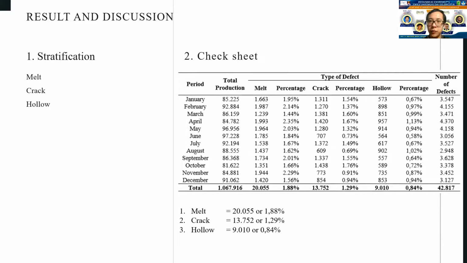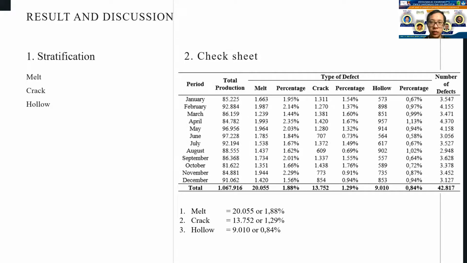From the check sheet, we can see that the number of melt defects is 20,055 or 1.88% of total production. The number of cracks that we found is 13,752 or 1.29% of total production.